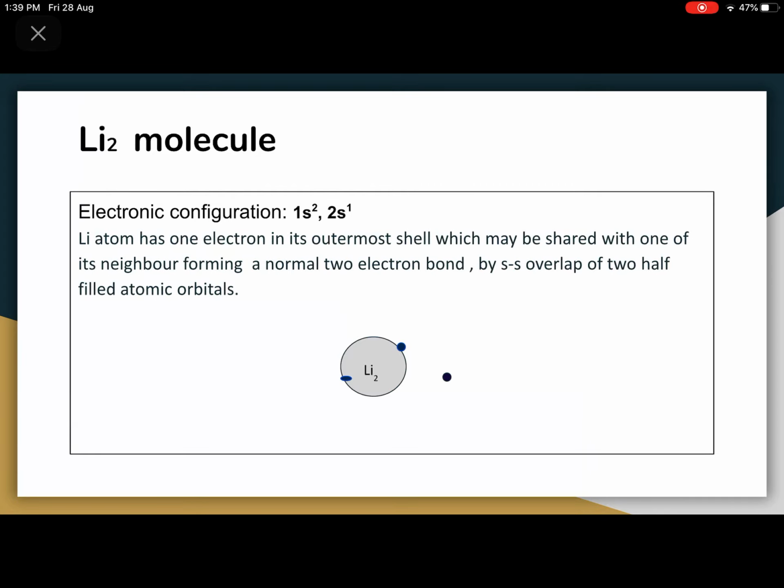So the lithium atom has one electron in its outermost shell, which may be shared with one of its neighbors, forming a normal 2-electron bond by ss overlap of two half-filled atomic orbitals. It exists as a diatomic species in the gas phase.